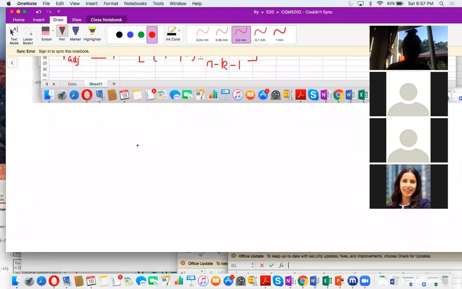It means if you have Y and you have X, and Yi is the original data, you have Y hat, the predicted Y, and you also have the average Y bar. Suppose Y bar is here, and this is your Yi, and this is Y hat, this is Y bar.